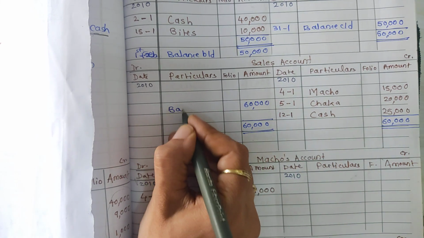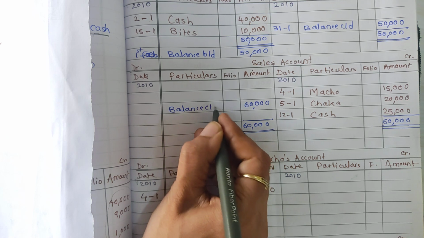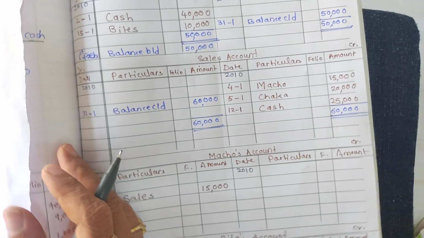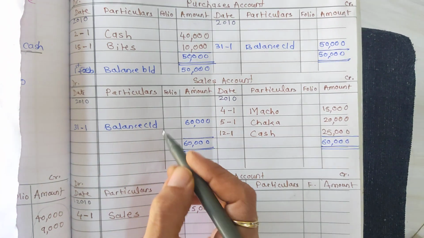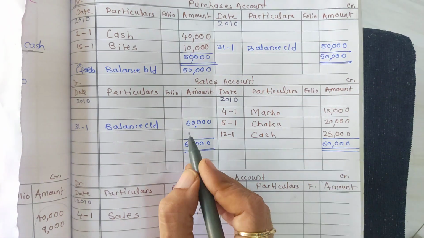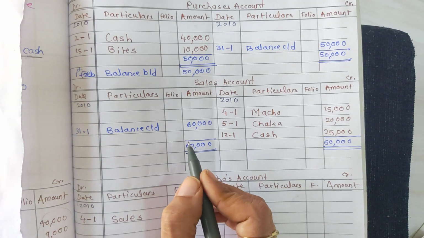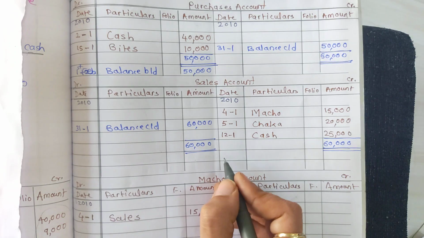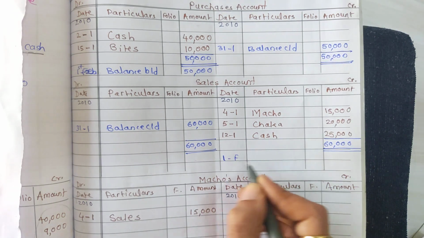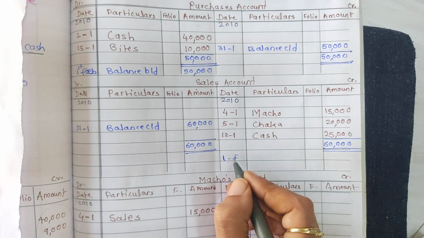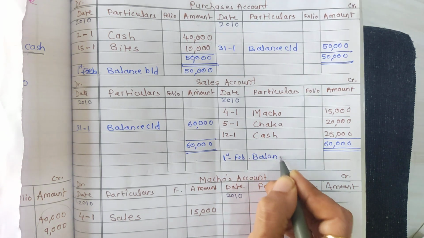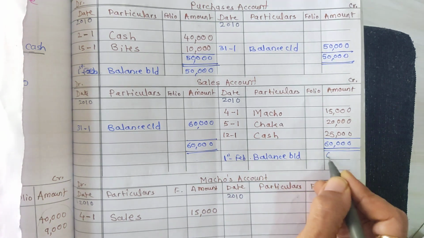Give it the name balance carried down, with the last date, 31st January. Just remember that you have to make the total the same. Which side do you write on to make the total the same? The lowest side, of course. Then carry this balance to the opposite side and give it the name balance brought down.